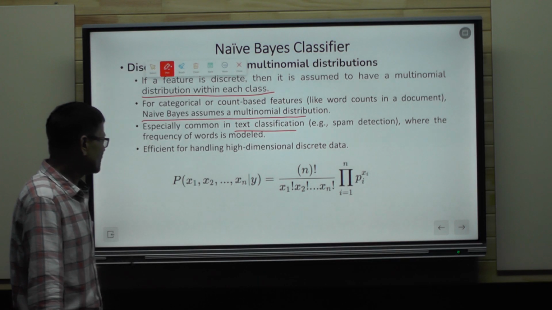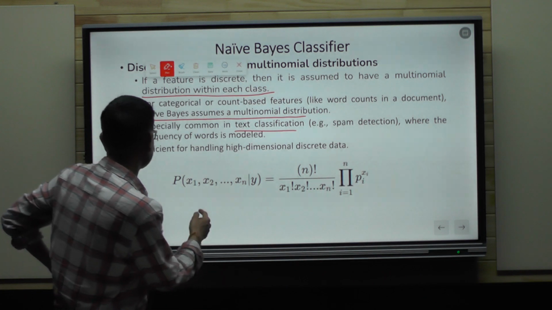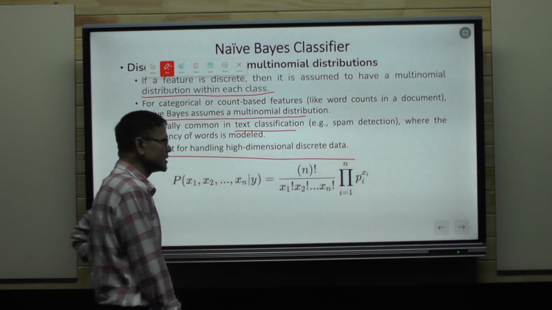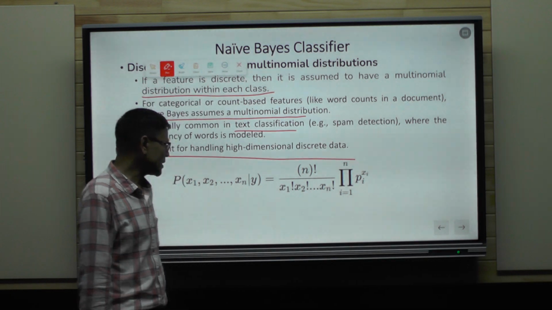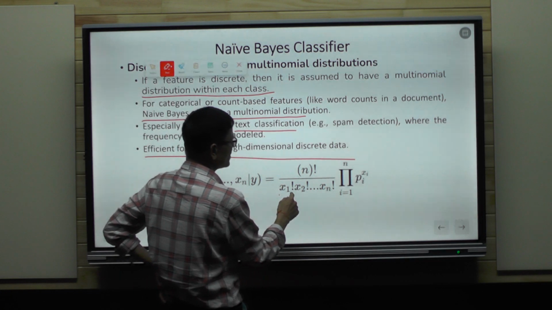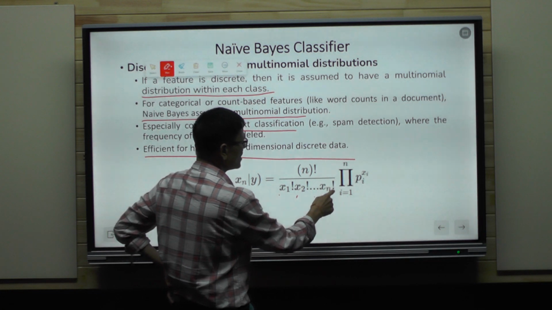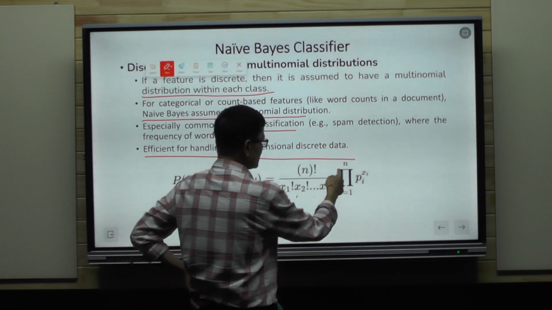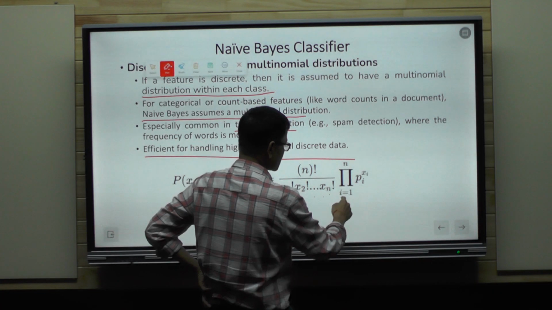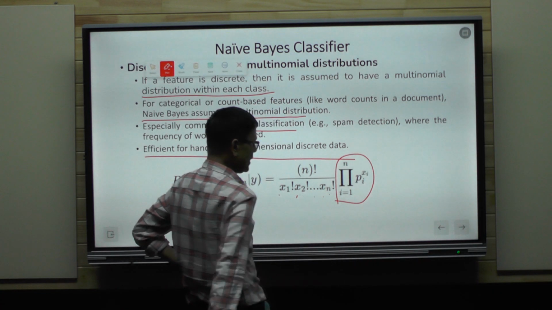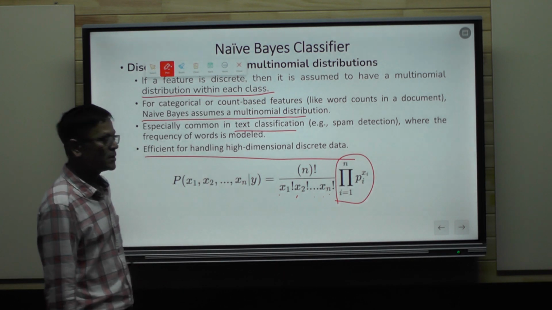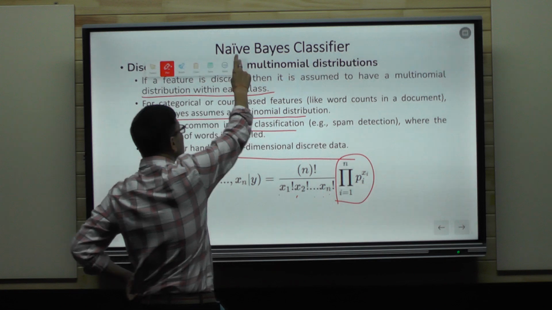This assumption is very efficient for handling high dimensional discrete data. And the equation is n factorial divided by x1 factorial, x2 factorial, till xn factorial, then you have the product of p i to the power x i, from 1 to n. So this is the multinomial distribution assumption.